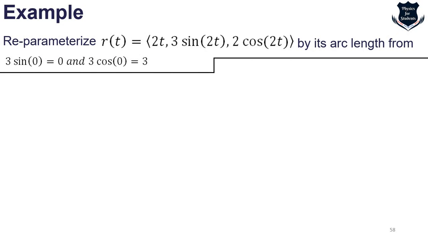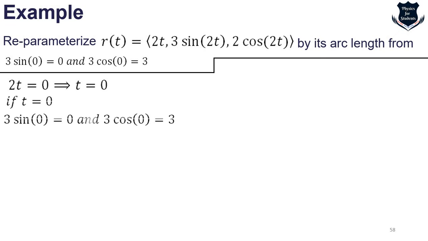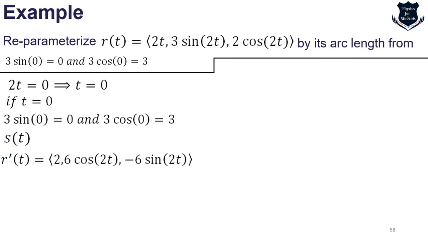Again, a quick example of re-parameterization. How can we re-parameterize this one, 2t comma r sine 2t, by its arc length given from this to this? So first let us find that we consider 2t equals 0, which implies t equals 0, and if t equals 0, then r sine 0 equals 0 and r cos 0 equals r. Both of them are obviously true. So this happens at t equals 0, and we try to find s of t, which is this one.